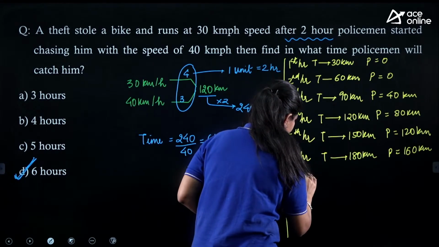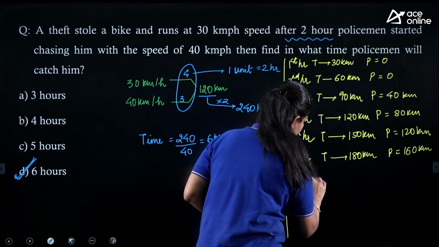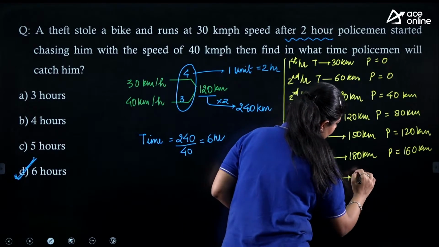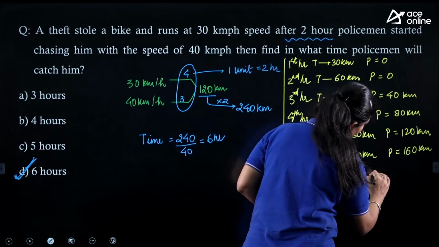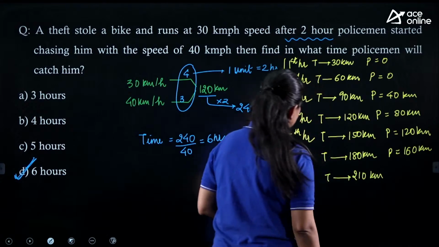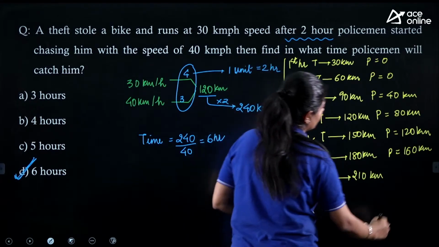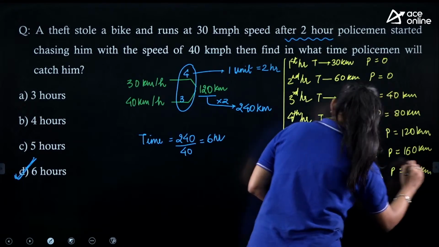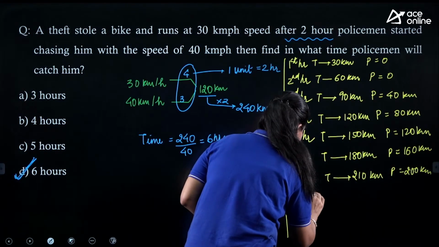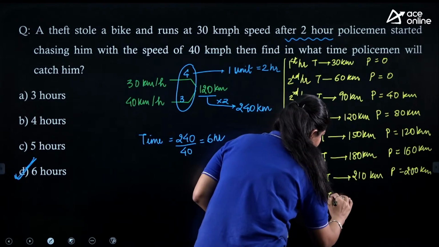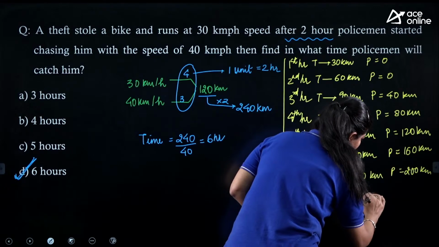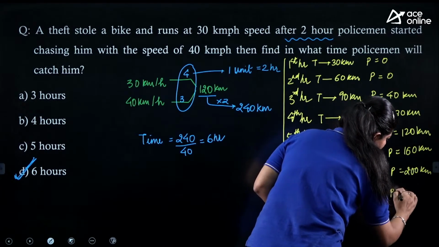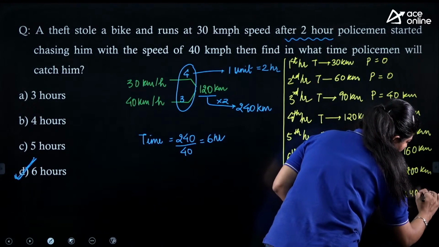Seventh hour, thief 210 kilometers, right? And the police with 200 kilometers. Now in the 8th hour, thief 240 kilometers and police is also at 240 kilometers.